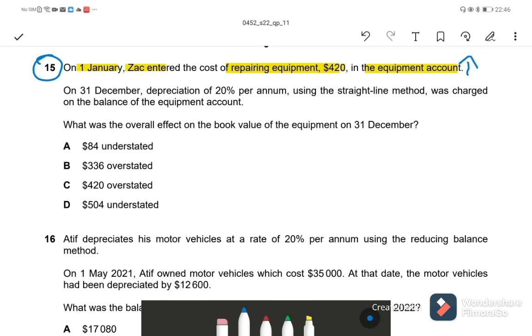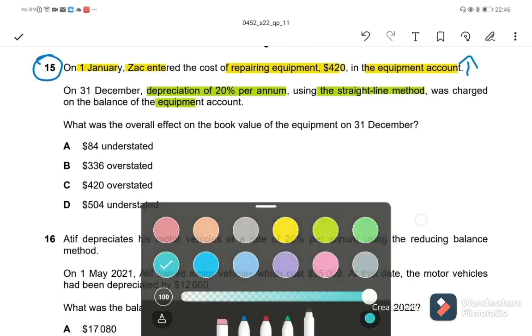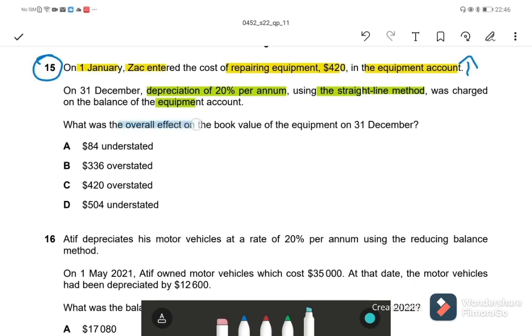Now, on 31st December, depreciation of 20% per annum using straight line method was charged on the balance of equipment. What is the question? What was the overall effect on the book value of equipment on 31st December?